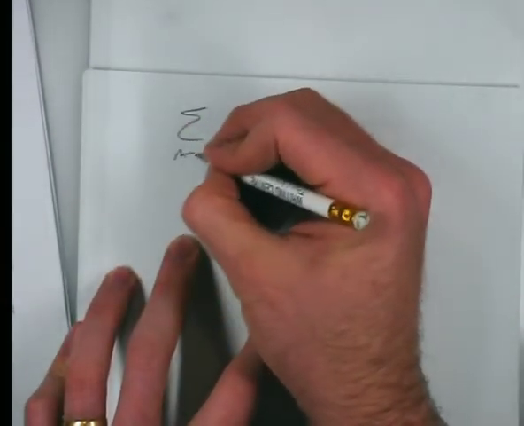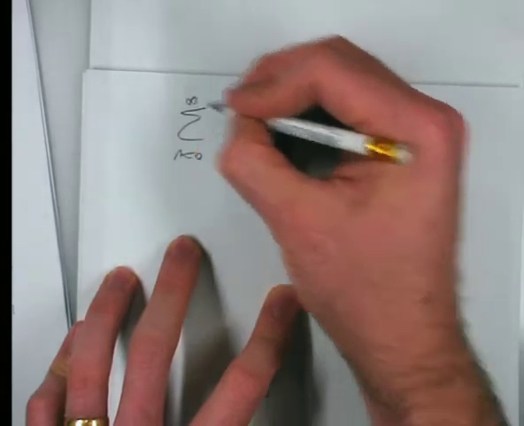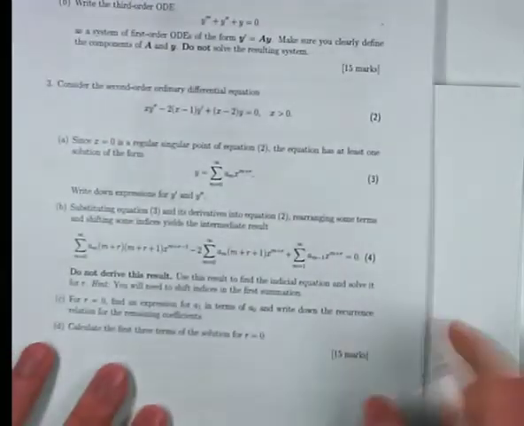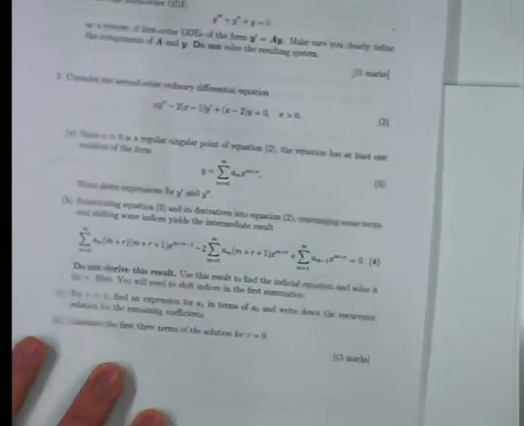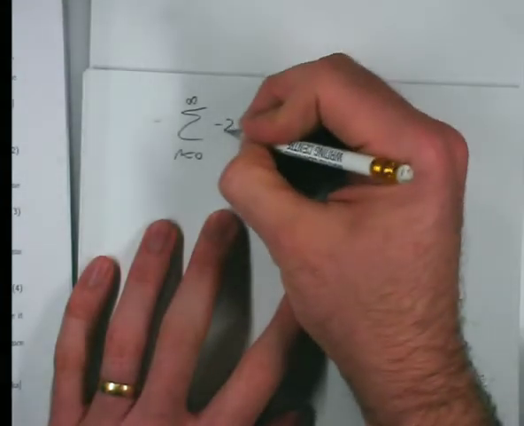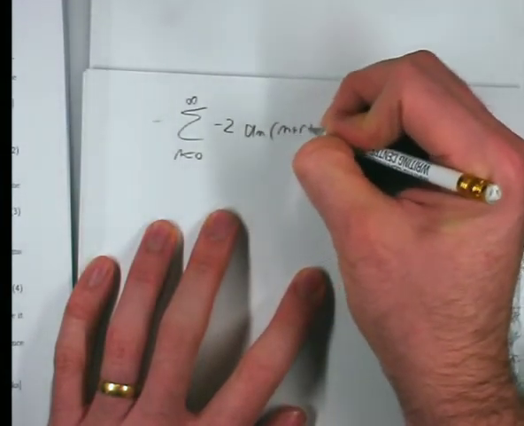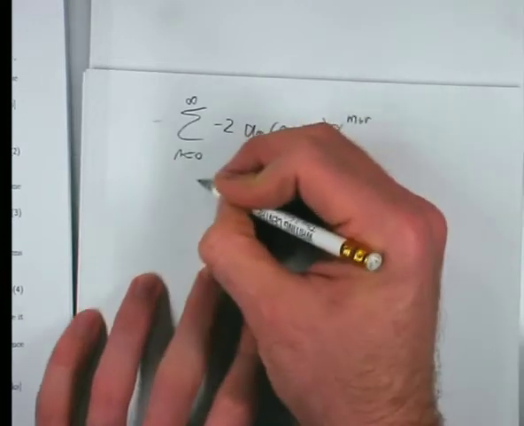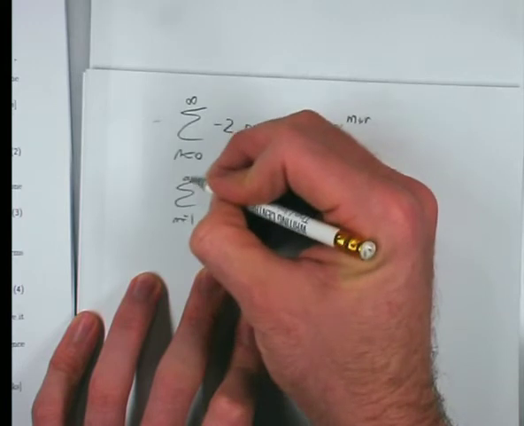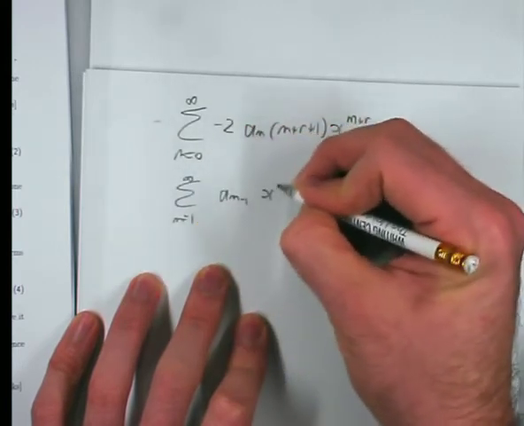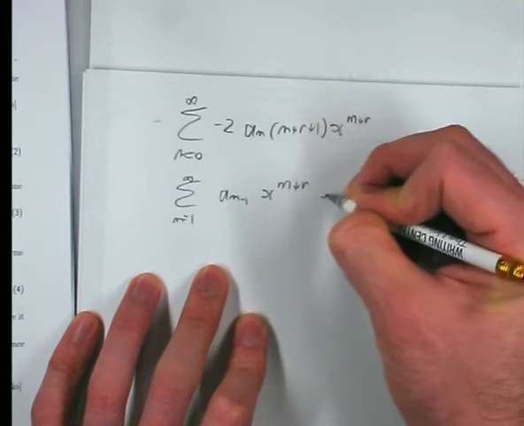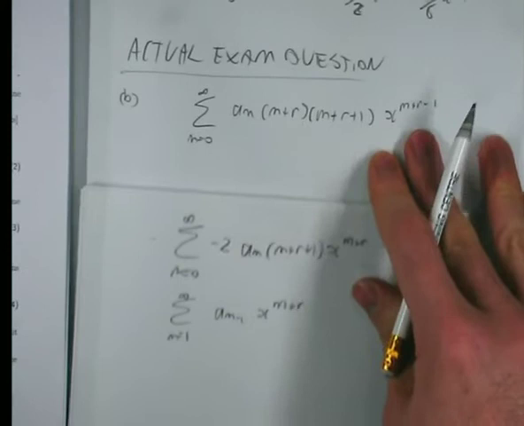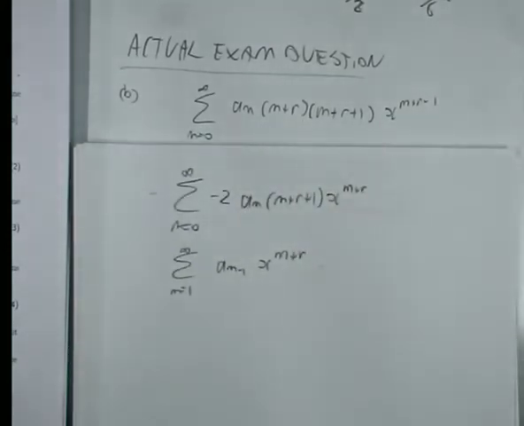And the sum from m equals 0 to infinity of minus... So what I'm doing is I'm bringing the minus 2 inside, because it's easier for me to remember how that works if I bring it in. And minus 2 a_m (m plus r plus 1) x to the m plus r. And the sum from m equals 1 to infinity of a_(m minus 1) x to the m plus r. And the sum of those three pieces is 0. That's what we were told in the exam.